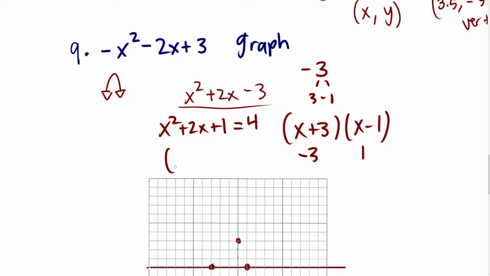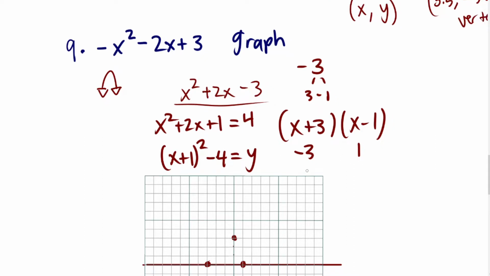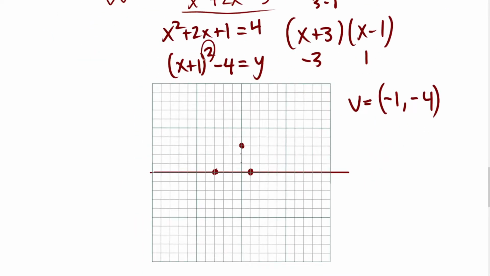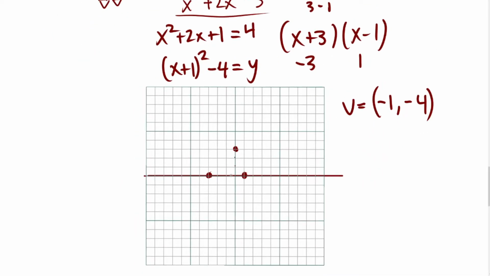This will turn into x plus 1 squared, and then we'll minus the 4 back over, equals y. So our vertex is going to be -1, -4. It's confusing to a lot of students that the inside of parentheses flips, but this one doesn't. It's simply because we're squaring. So that will change things.